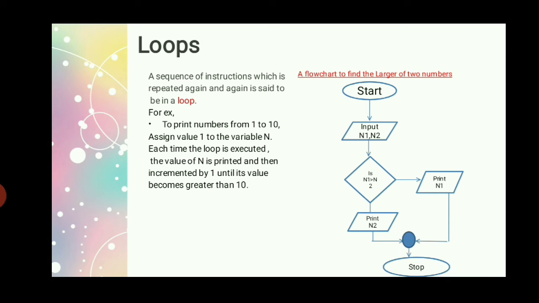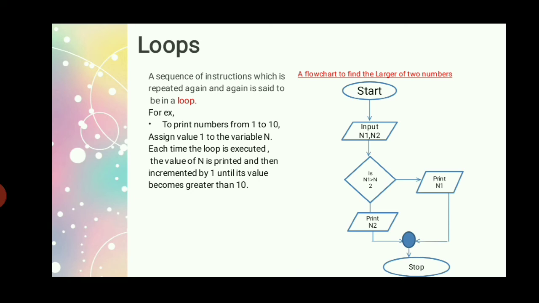You have one variable n, suppose, and you assign the value of that variable n to 1. Then you increment the value of n, meaning you add 1 to that value of n.